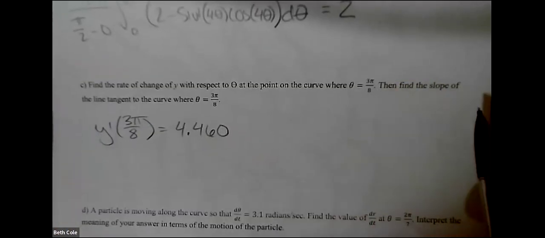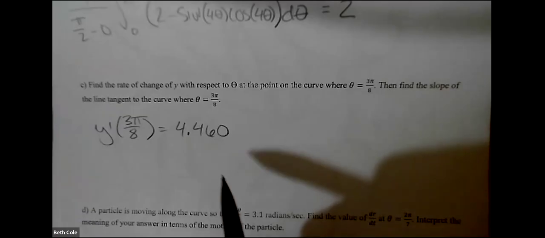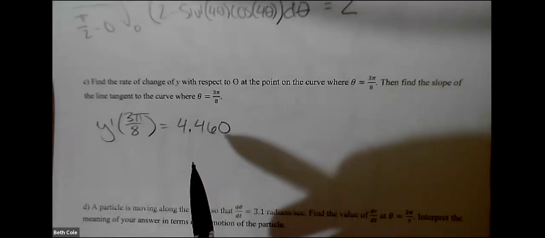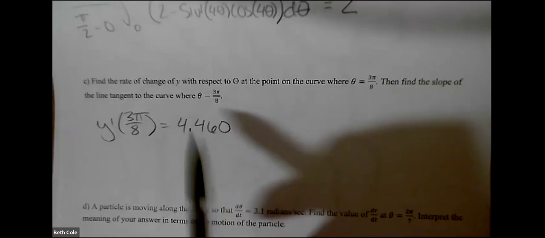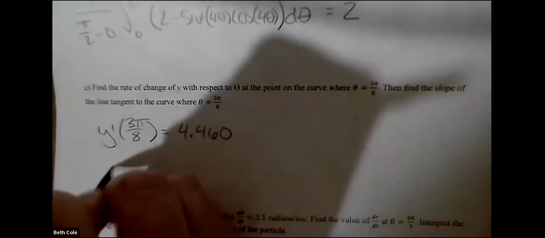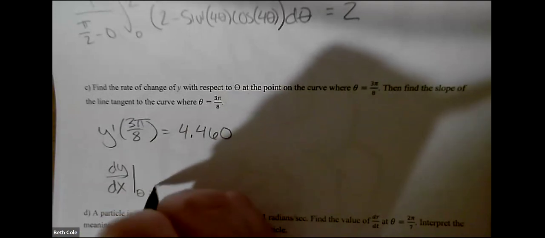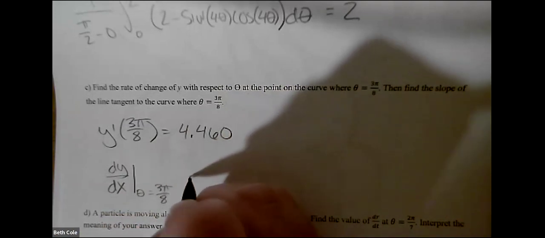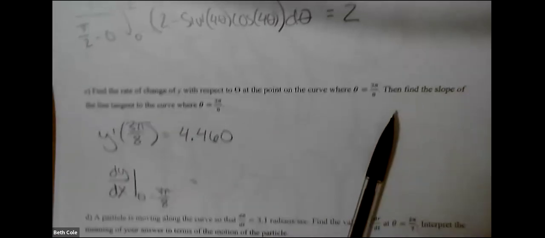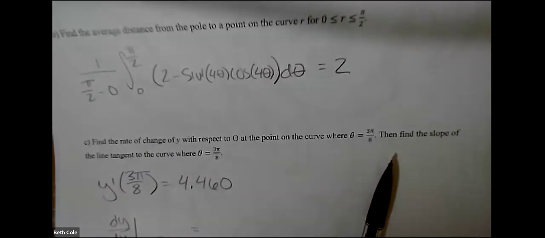It says then find the slope of the tangent. So that's dy dx. So we need to look at both y and x at 3 pi over 8. So it's going to be dy dx at 3 pi over 8. But again, it's all going to just happen in the calculator.